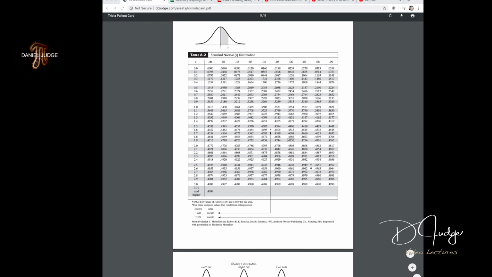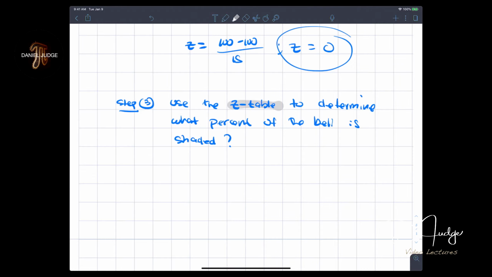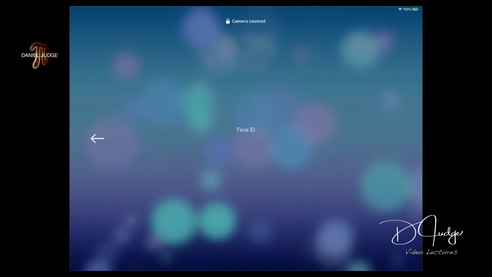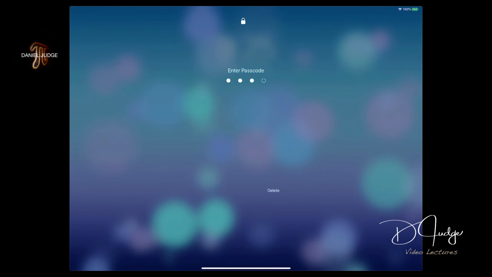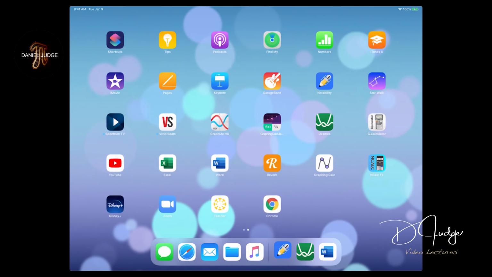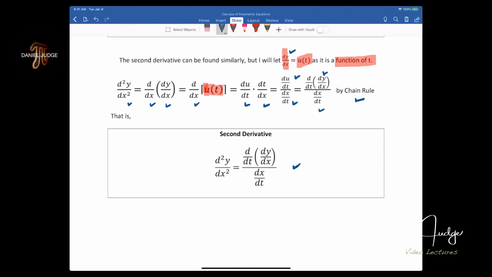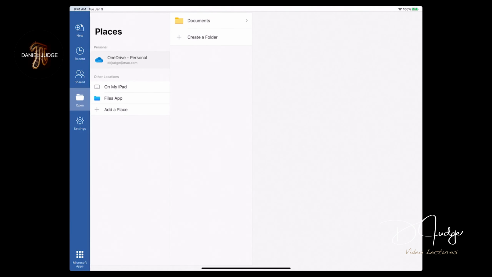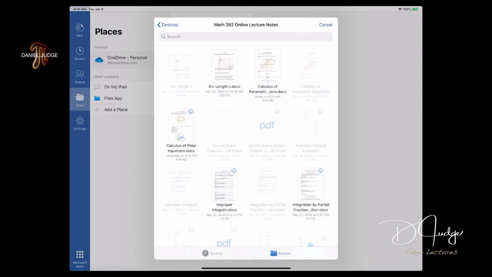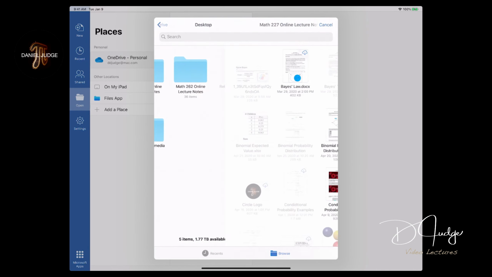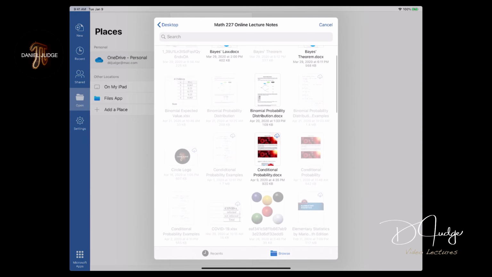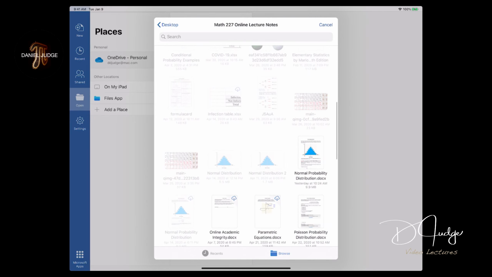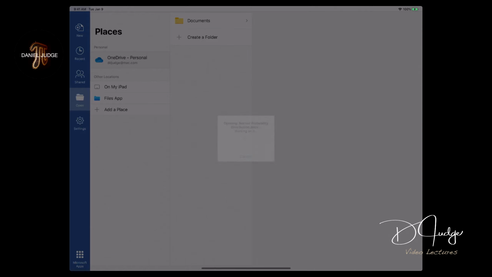So I'm going to go to the iPad now and say, okay, what would I do on a test? Well, iPad, let's go. Let's cooperate today, iPad. And I'm going to go out to that Word document. Nope, you guys are not calculus. One day you will be. Let's go to 227. And normal distribution right over here.